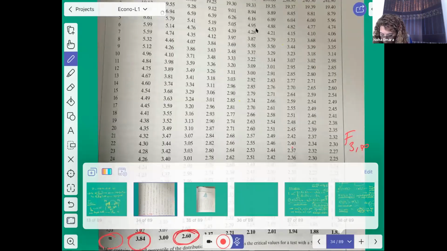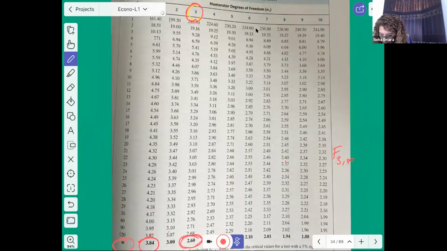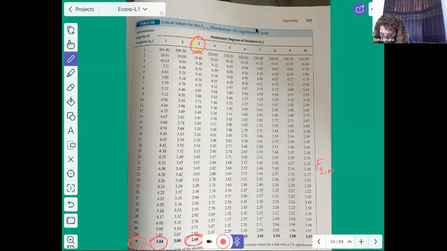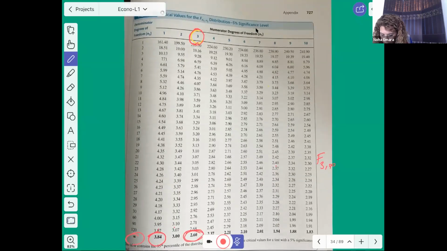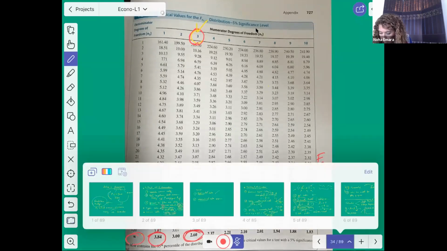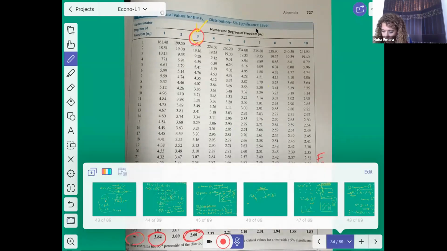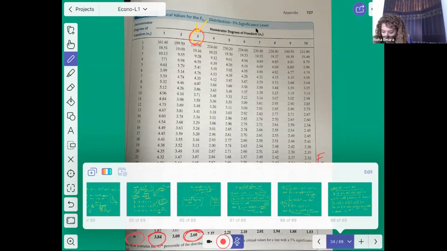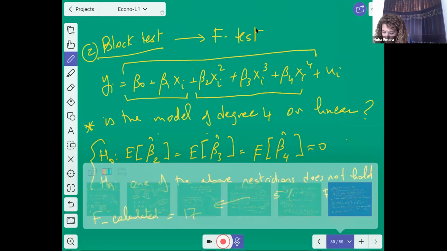It's right here. Okay, this is the F table, and we used it before. So I have 3 restrictions, right? And infinity, so 2.6. So my critical value is 2.6.